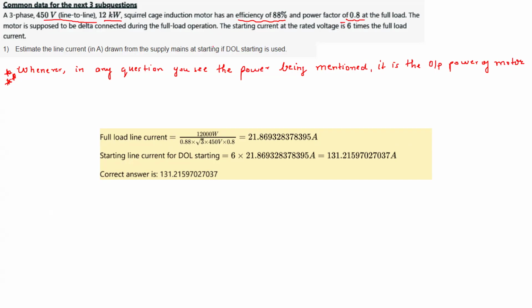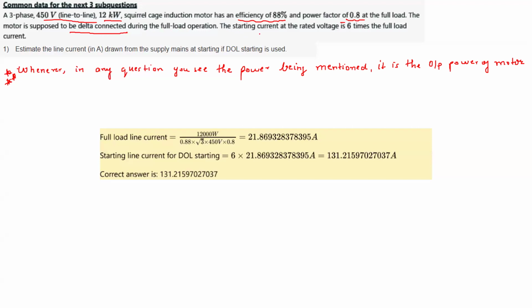In the other starting methods also, when comparing with the star delta case, we considered that the machine under normal operation is connected in delta. That is why in this question they are saying that this motor is delta connected during the full load operation.